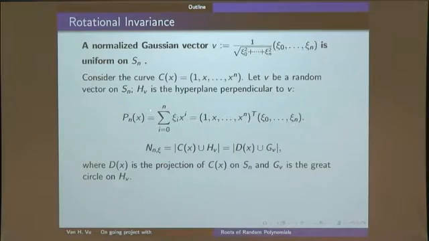This inner product is 0, namely you have a root at x, if and only if this vector is orthogonal to this vector. So the number of real roots is the number of intersections of the projection of this curve onto the sphere with a random great circle. That's just a geometric argument.